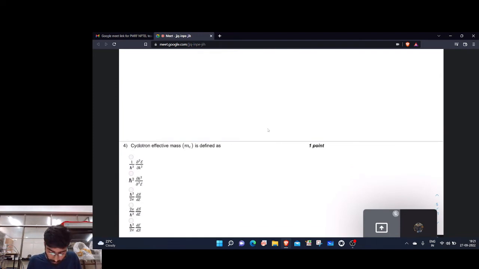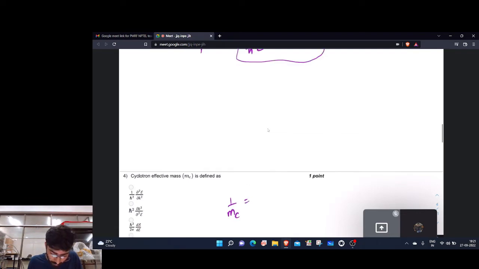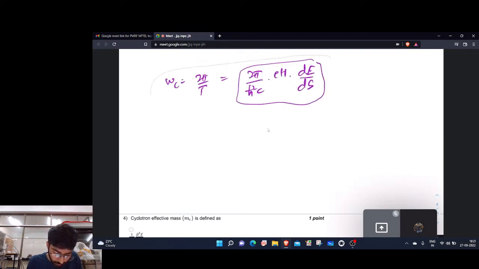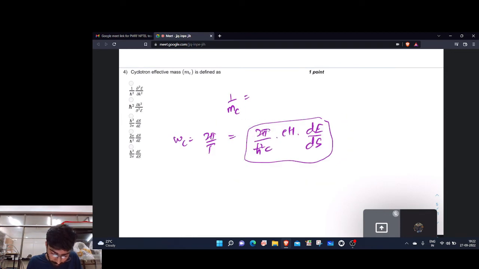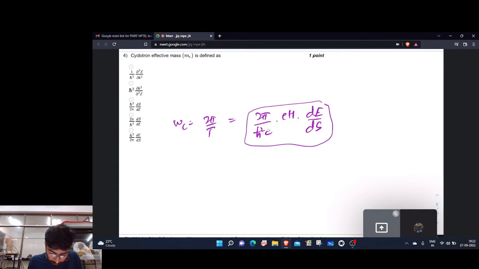And following the same relation, we can find the cyclotron effective mass, in the sense that if one defines 1 by mc in the above equation, let me just pull this equation out. In this equation, let us define 1 by mc to be 2 pi ħ square dE by dS.